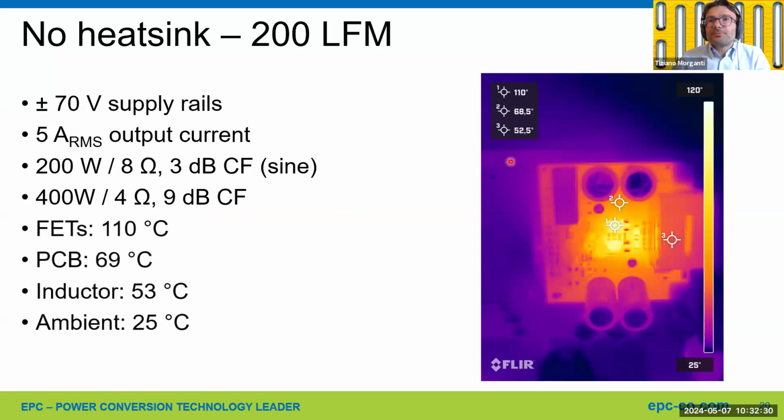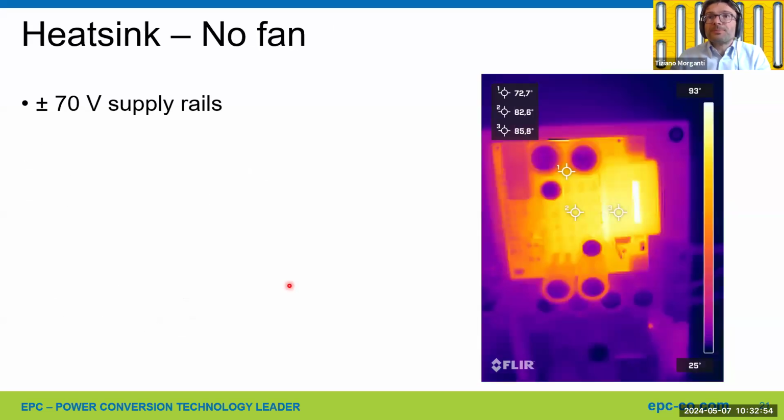You can see the FETs are at 110 degrees, the PCB is 69, the inductor is 53, so the airflow is working to reduce the temperature of the inductor also, and the ambient is still 25 degrees.